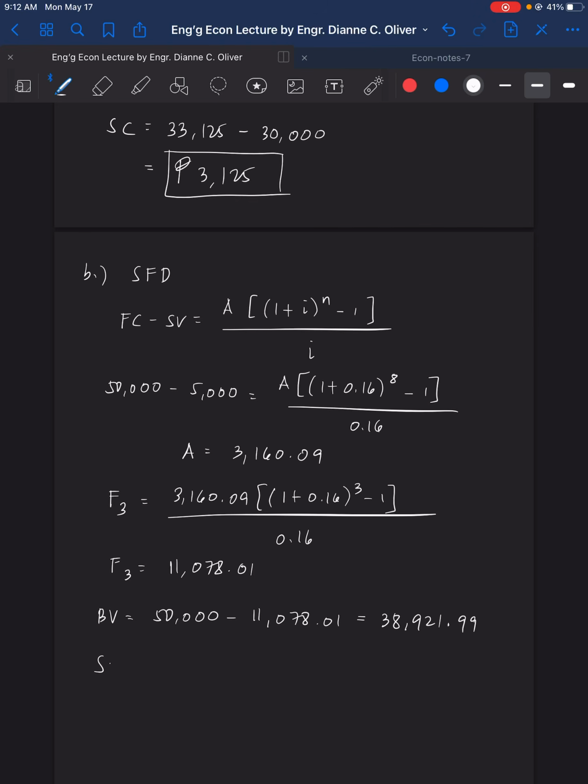So the sunk cost now is equal to the book value 38,921.99 minus the 30,000 pesos. So sunk cost is equal to 8,921.99 pesos. So that's the sunk cost using sinking fund method.